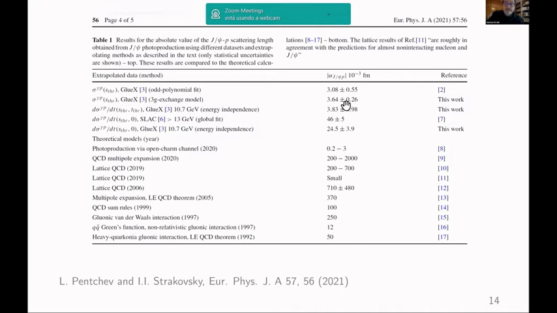And here they collect all, okay, this is their analysis. That is 10 to the minus 3 fermis, 3.08 and so on, these numbers.